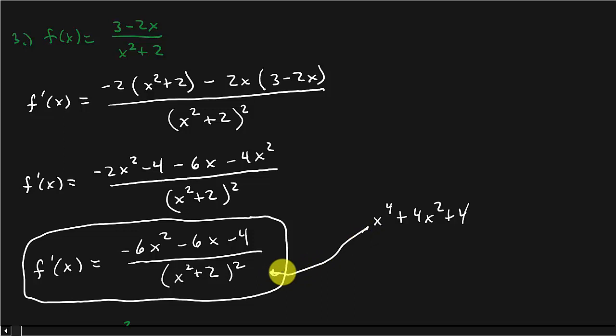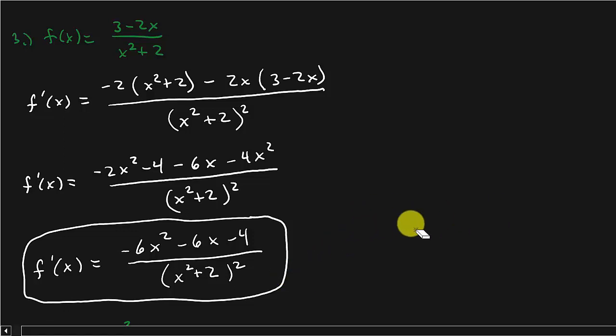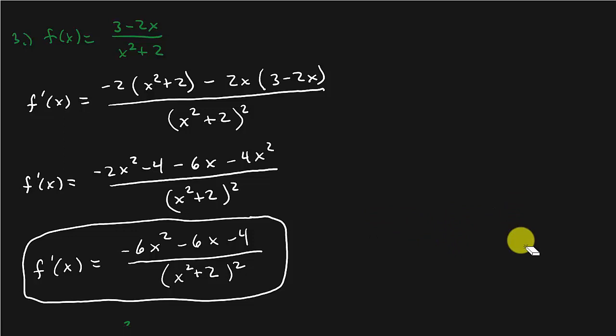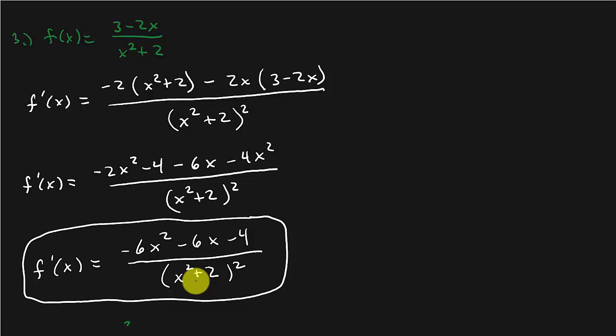It's not wrong if you do, but leave it like that. It'll benefit you later on in your class when you start graphing these things, and we need to see when the denominator is 0. Of course, this denominator will never be 0, but that's not going to always be the case. But yeah, just leave it in parentheses, squared.